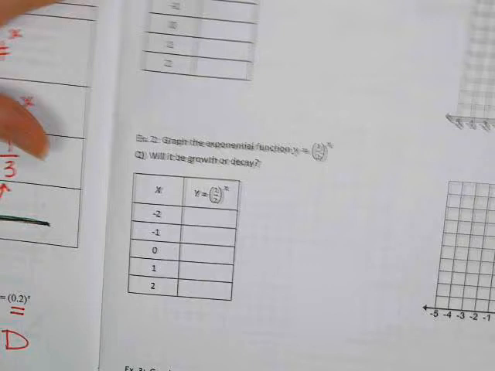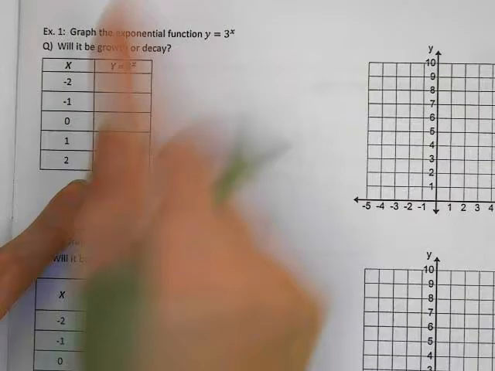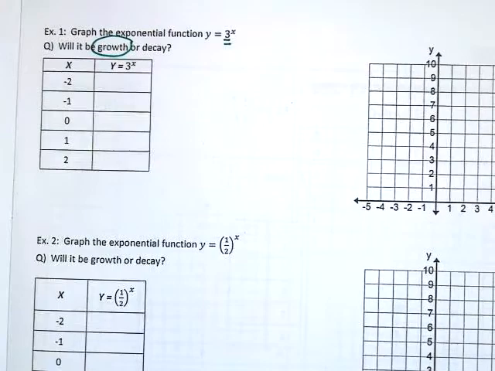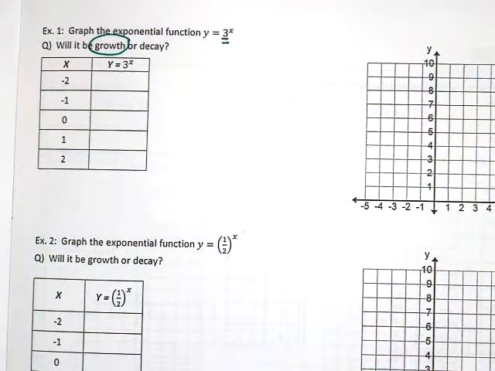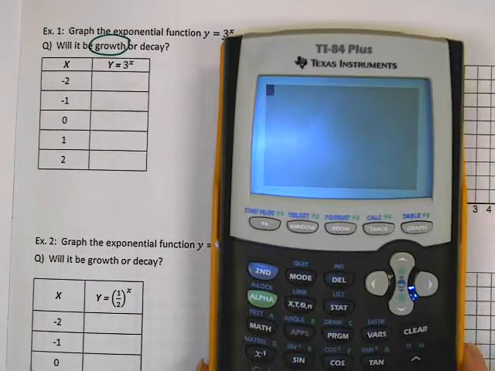All right, number 1. First of all, if it's y equals 3 to the x power, is it going to be a growth or a decay? Well, this is bigger than 1, so it's going to be a growth. All right, and now for the rest of this, go ahead and pull out your calculators, and we're going to plug these numbers in.